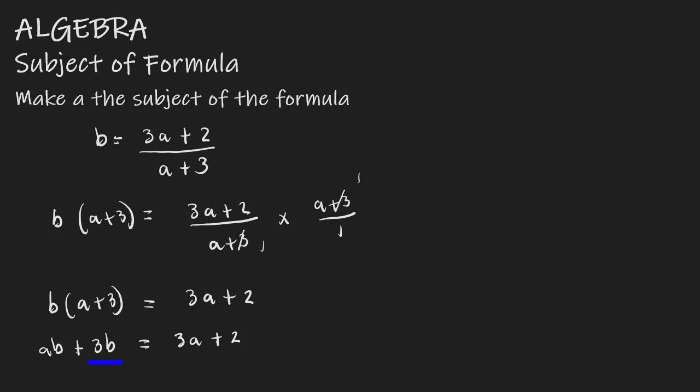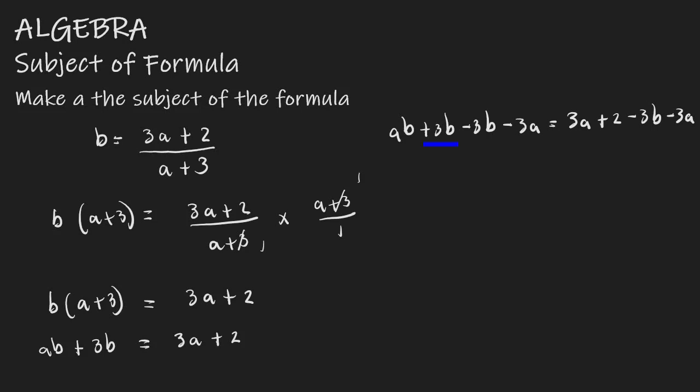I need to remove 3b from the left. So I need to use the opposite operation on 3b as well, which is minus 3b. So I get ab plus 3b minus 3b minus 3a, and that is equal to 3a plus 2 minus 3b minus 3a.